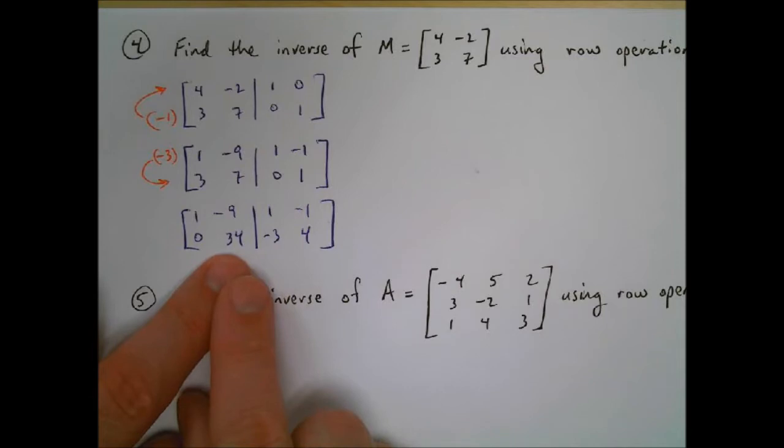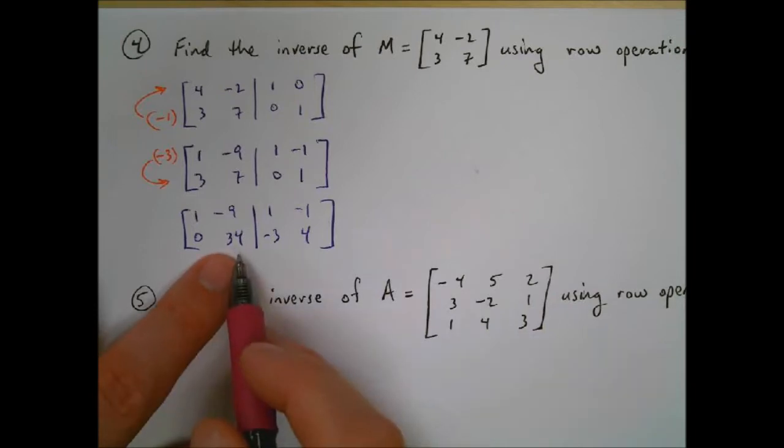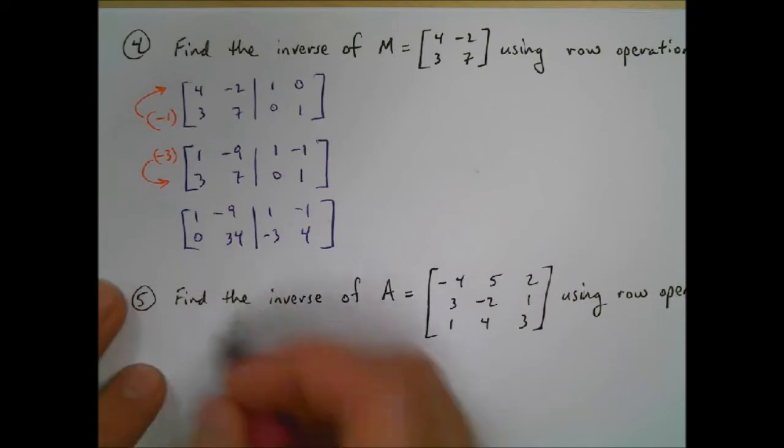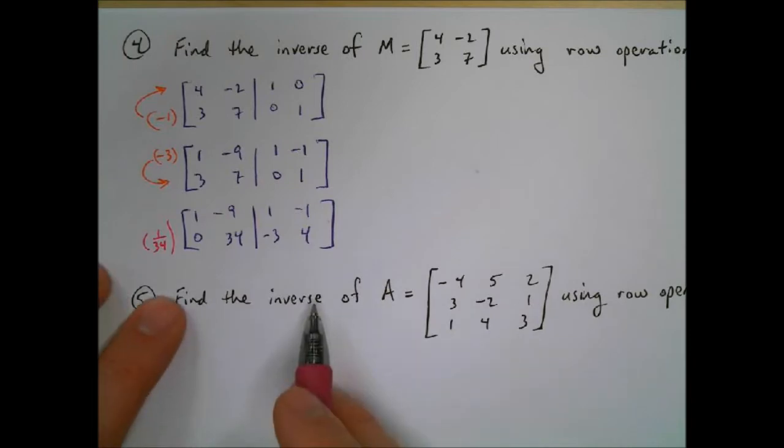So if you've been able to avoid fractions all the way to here, if fractions are going to happen, this is where you won't be able to avoid them any longer. And so, because really the only way to get it to be a positive 1 is to multiply through by something so that it becomes a positive 1 right there. So in this particular case, we're going to multiply through by 1 over 34. Top row is not changing.